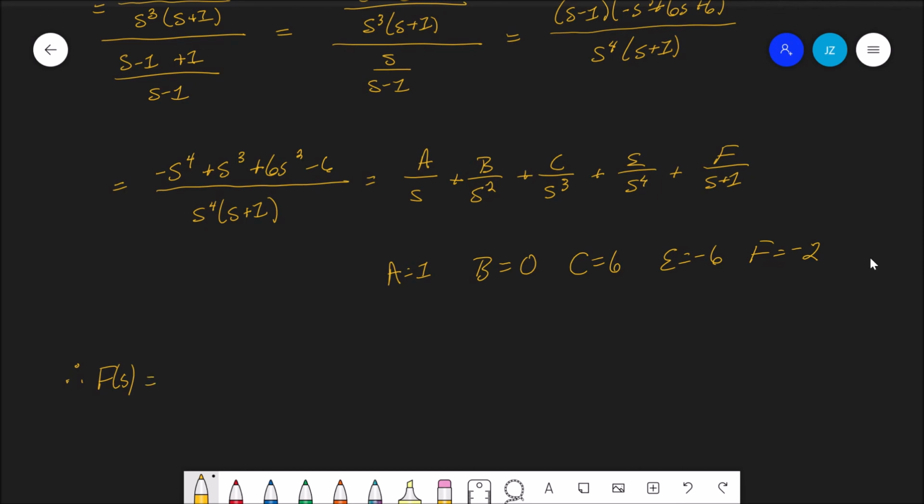And so big F of s will wind up being 1 over s plus 6 over s cubed minus 6 over s to the 4th minus 2 over s plus 1.